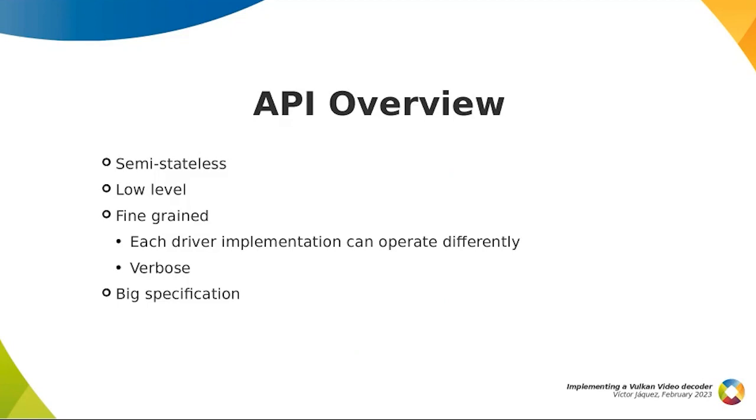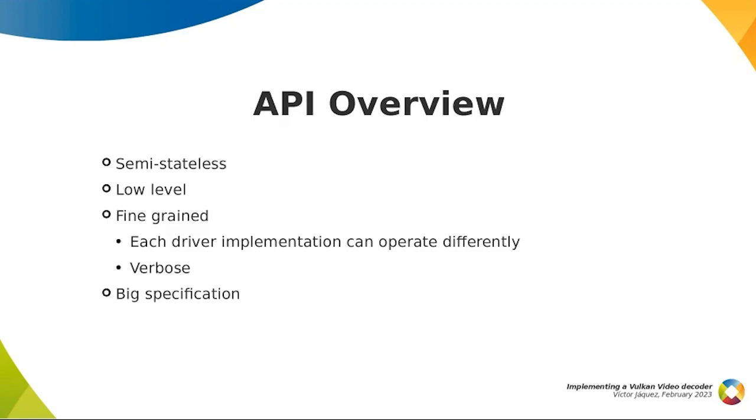So basically, I would say that the Vulkan API is very low level. It means that you have to specify what resources you are going to use, the memory, the devices, or what you are going to use for the stream processing. In other stateless APIs, you don't have to worry about that.